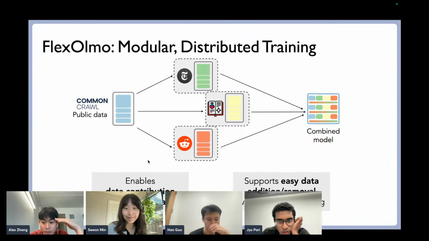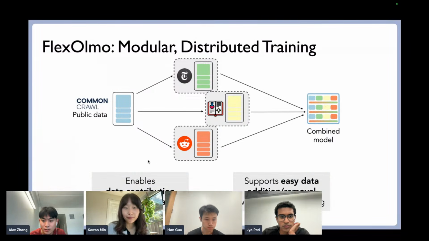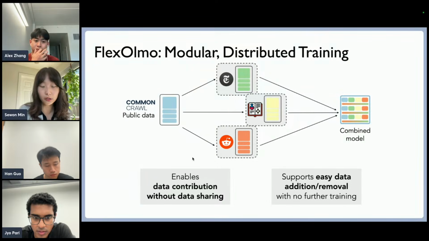Yeah, I think there was a question in the chat, which is, can this framework basically be used to add other modalities into this model? Yeah, that's a great question, and thanks for asking. So in this paper, we only did text only, but I do believe this can be useful for multimodal models too, especially because these days we are seeing an increasing number of any-to-any models that have some sort of mixture of experts architecture.